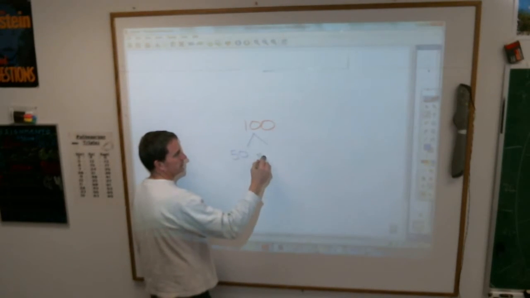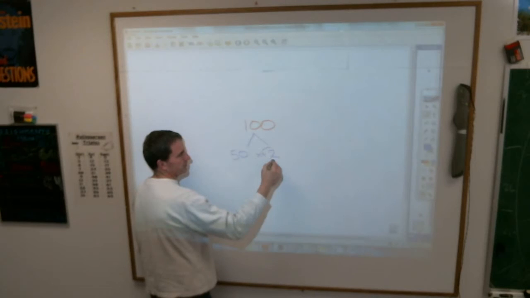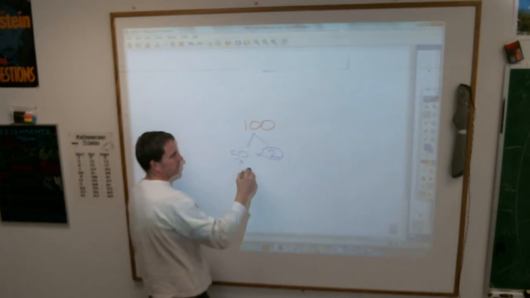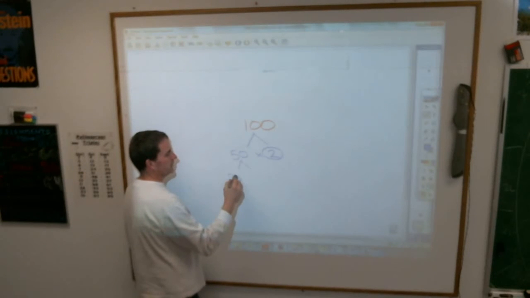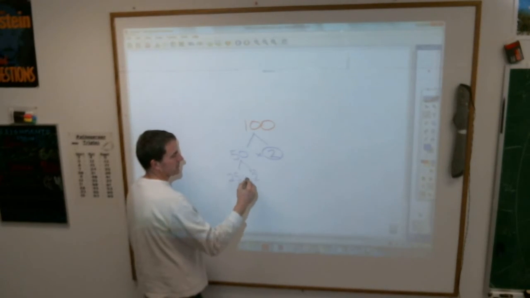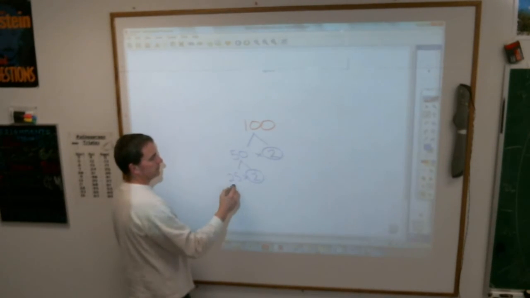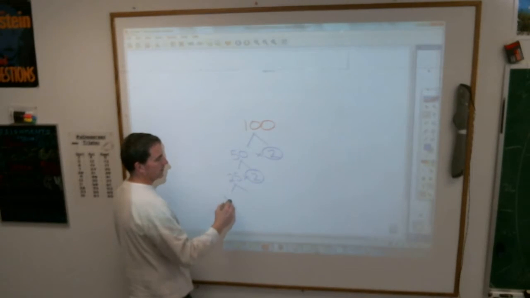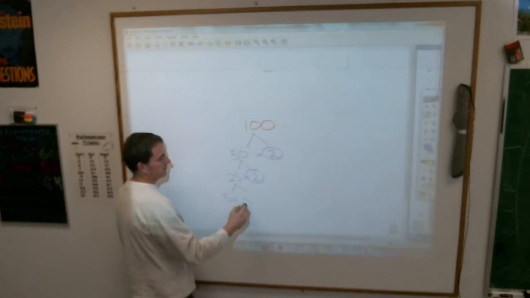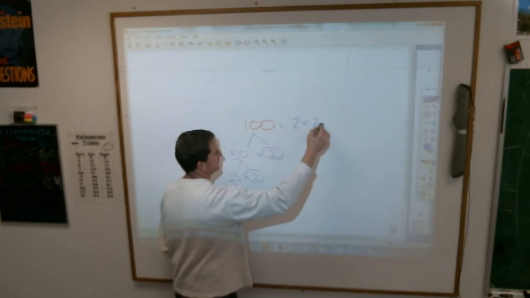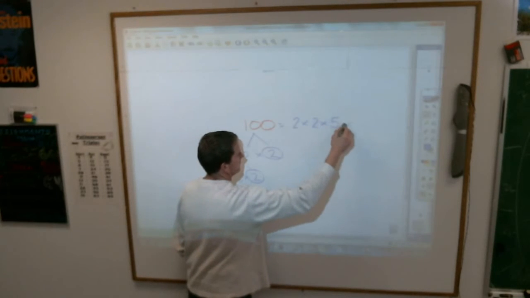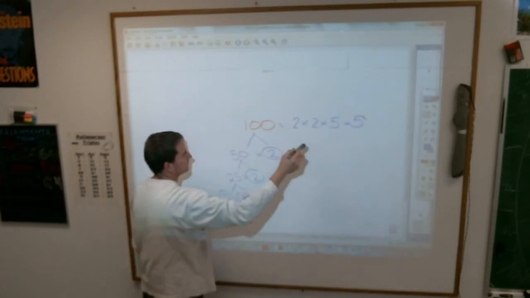Stop with 2 because it's a prime number, but 50 can be broken down into 25 times 2. Again, you can stop with 2 because it's prime, and then 25 can be broken down into 5 times 5, both of which are prime numbers. So 100 equals 2 times 2 times 5 times 5.